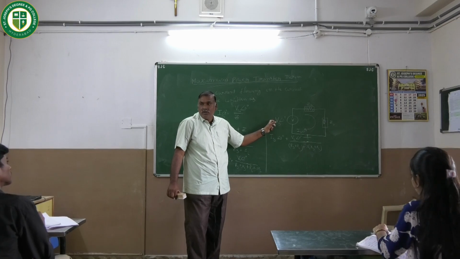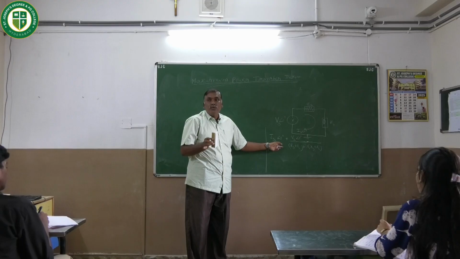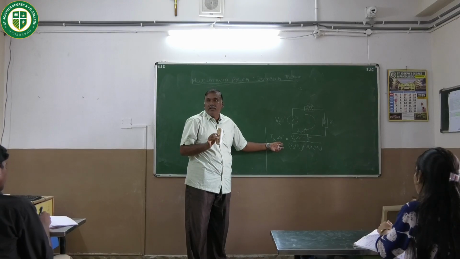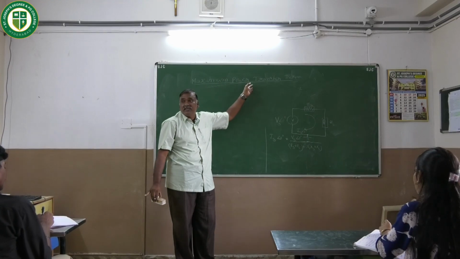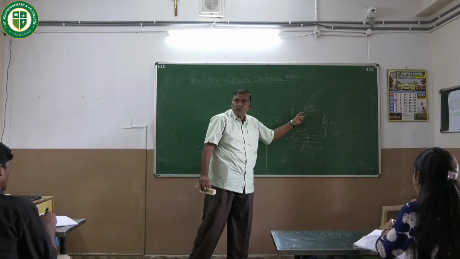Now this is the current flowing through the circuit with the application of source Vs angle of 0, or with the application of an AC source. This is the expression of the current. I don't want this expression, I want the maximum current, because the maximum power transfer theorem says maximum power is delivered to the load by the source.